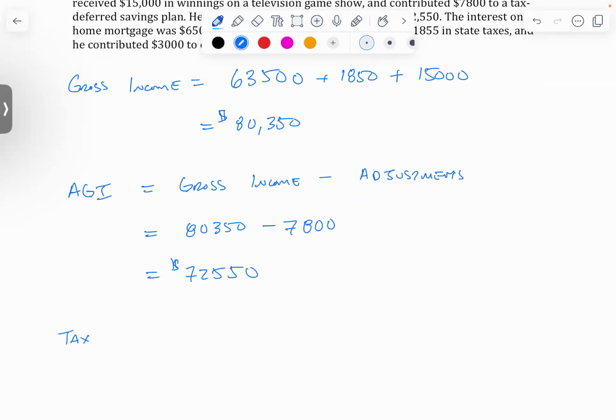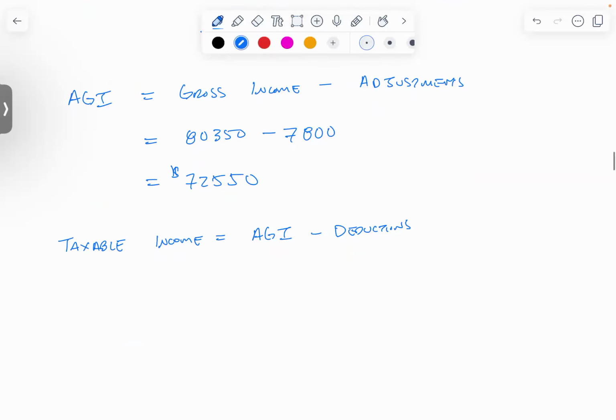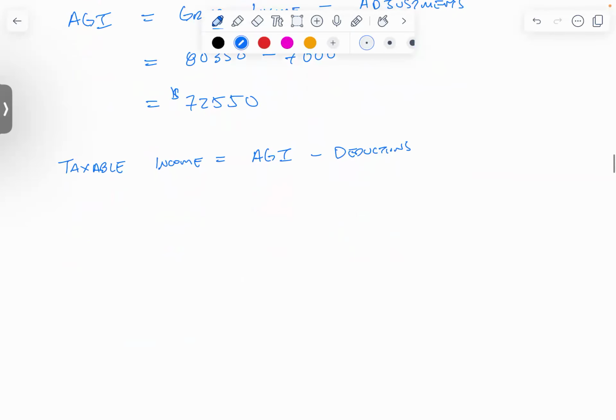Lastly, our taxable income. So AGI minus the deductions.